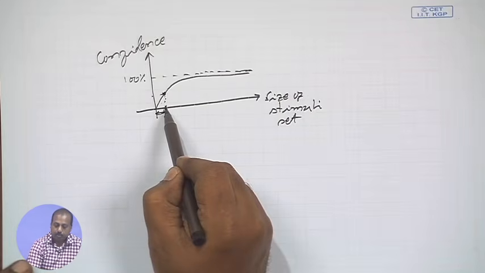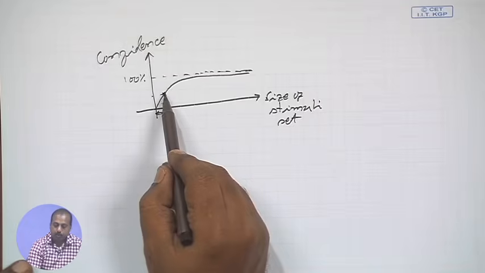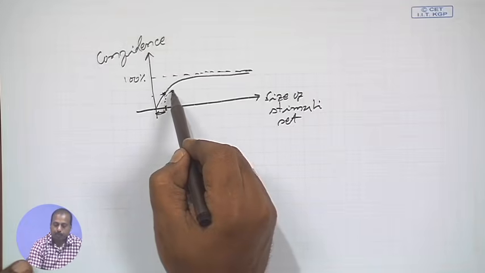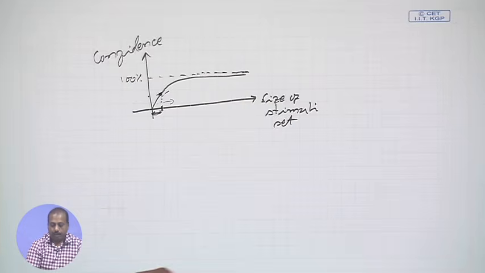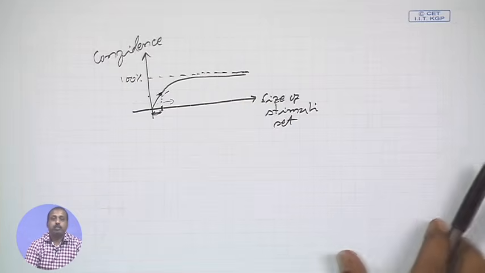Now, as you try to get more and more confidence, you have to spend more time applying the test patterns and analyzing the responses. Accordingly, the cost of the system goes up.